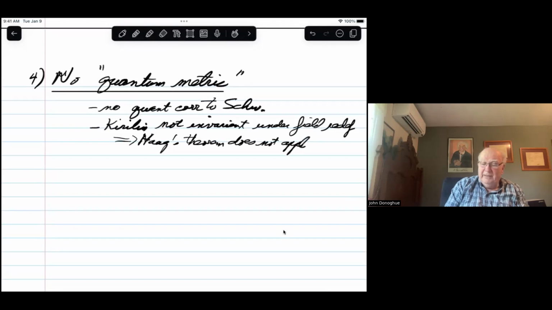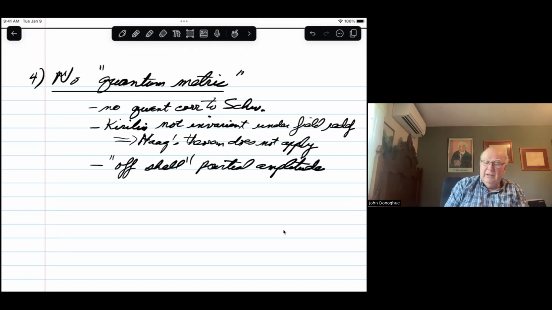Hogg's theorem only applies on shell, and this is off shell. So the calculations you're doing are like off shell partial amplitudes. If you do it using one set of field variables, Kierlin will come along and, using another, get a different answer. So there's no well-defined answer. It's basically that this is not a good quantum question.